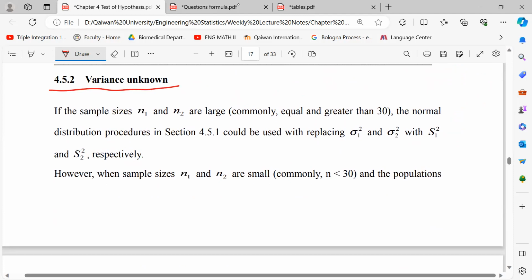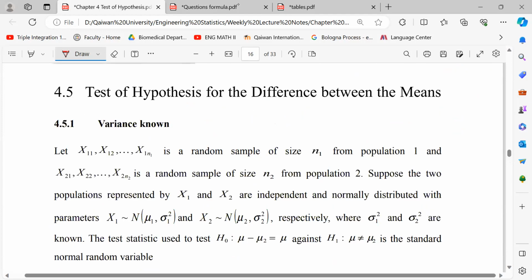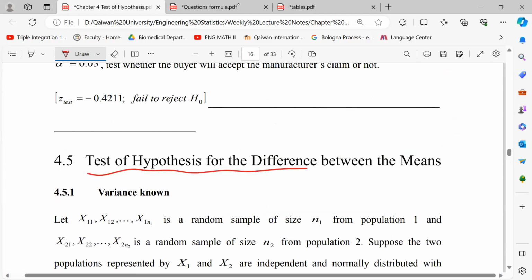If the variance is unknown. For the test of hypothesis for the difference of two means, we have two cases. The first case is if the variances for both populations are known. The second case is if the variances for both populations are unknown.